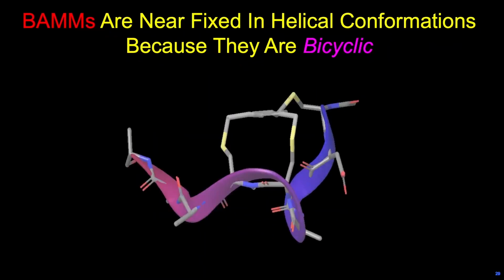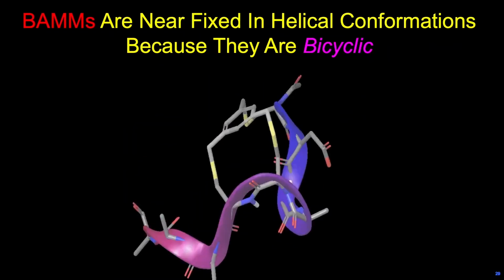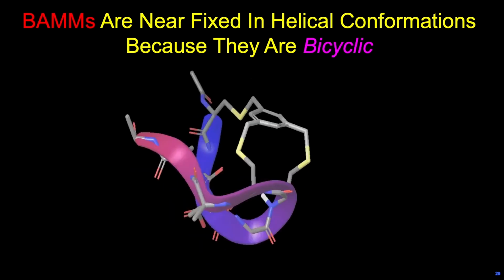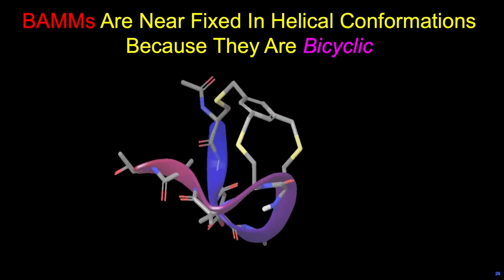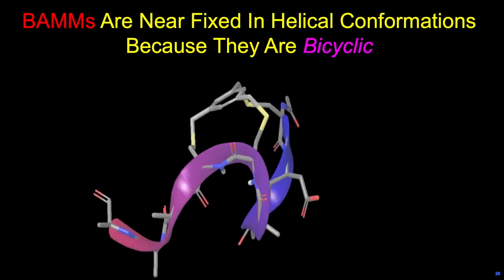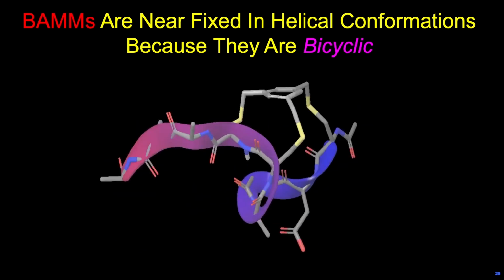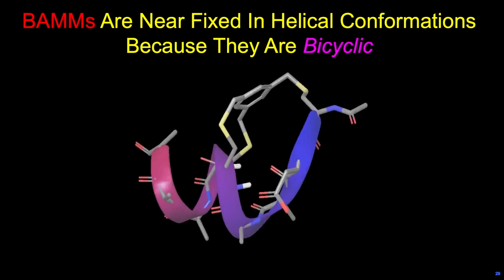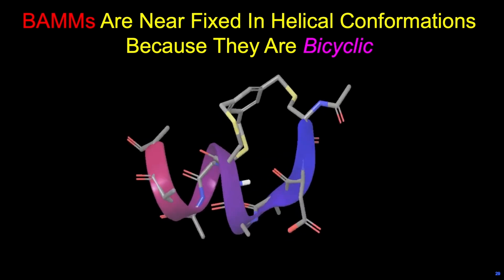Molecular dynamics simulations of a BAM helix starting in a helical conformation show that the tricyclic system enforces that helicity quite well. It takes a long time in molecular dynamics for this thing to unfold, and it never quite does. We can just watch that for a second.